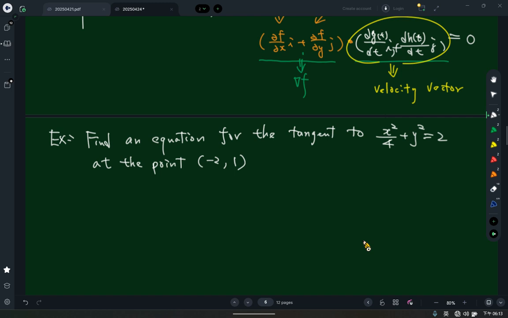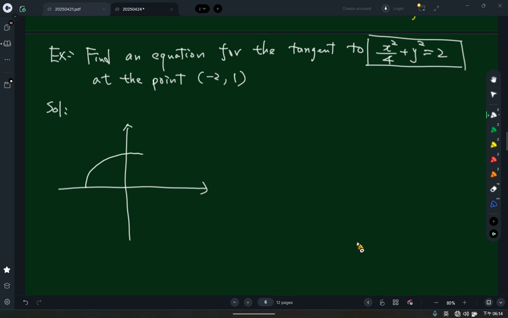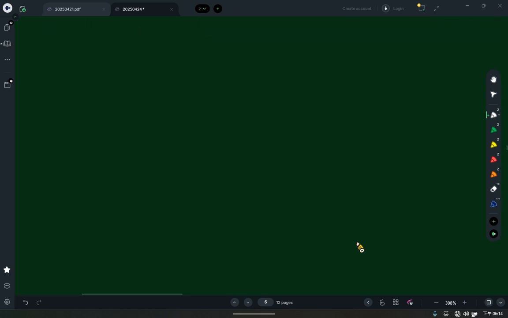So what is this? We can see this is an ellipse, 椭圆.